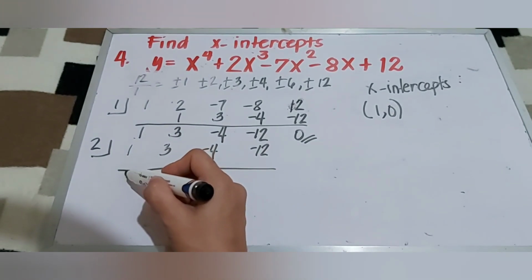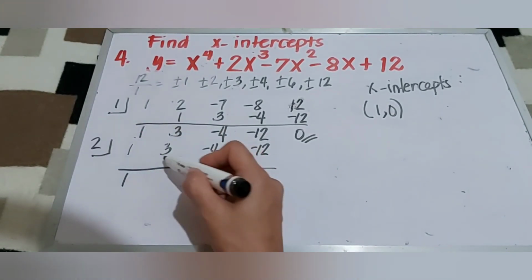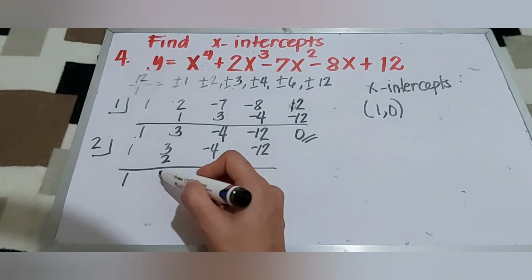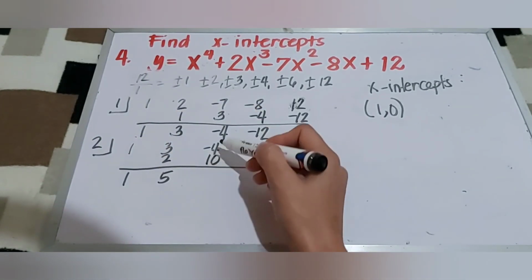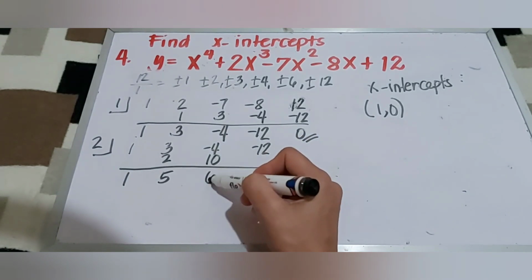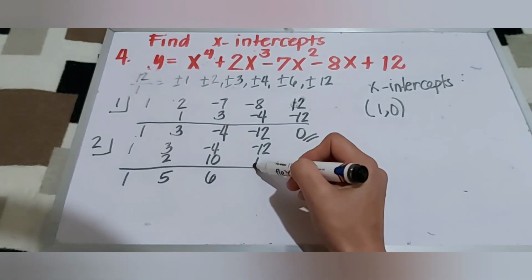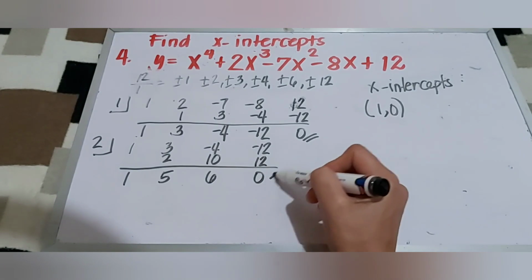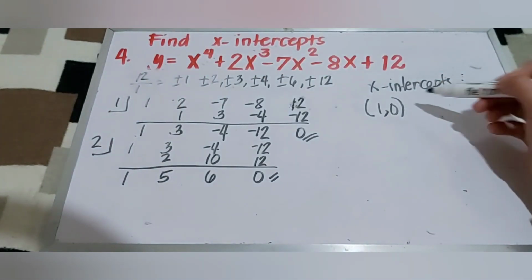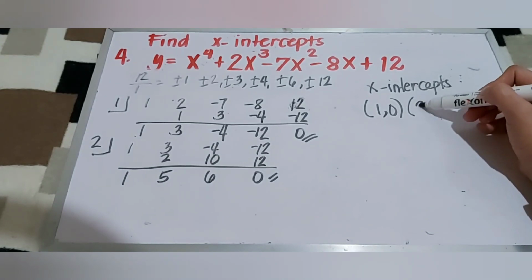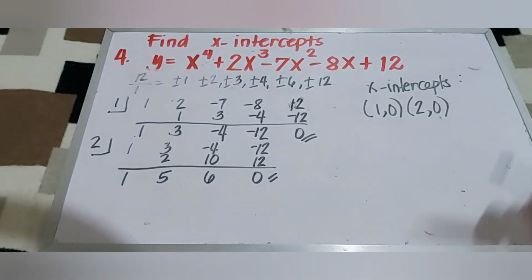So, bring down 1, multiply 2, add 5, multiply, 10, add, this is 6, multiply, this is 12, and this is 0. Again, 0 siya, so we'll take 2 as x-intercept. So we have 2 and 0.